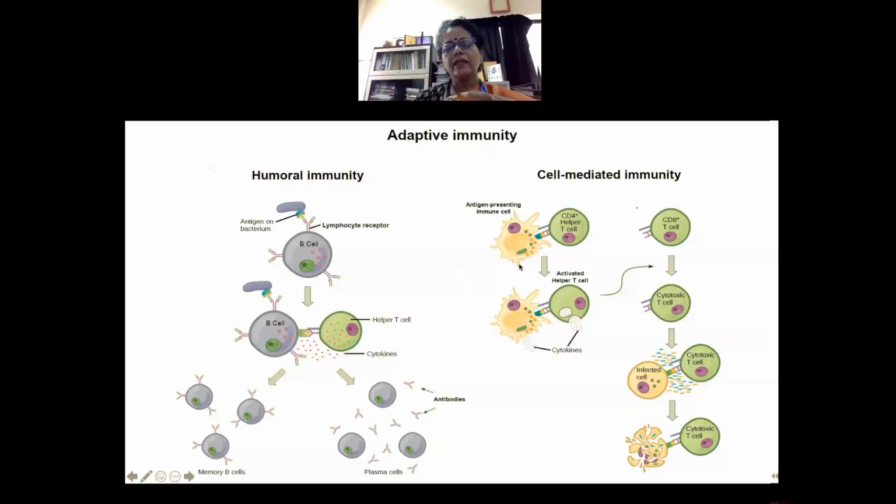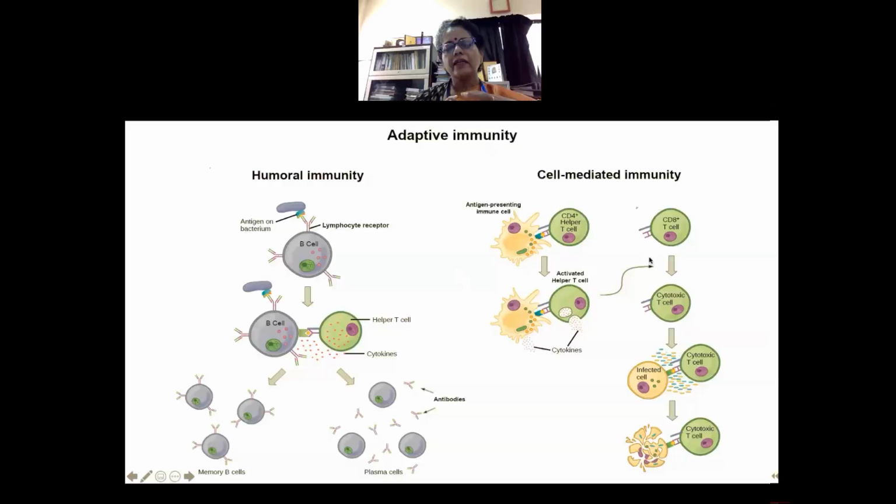Now, these memory cells are very critical. They help, and at the same time they are also the source of long-term immunity.